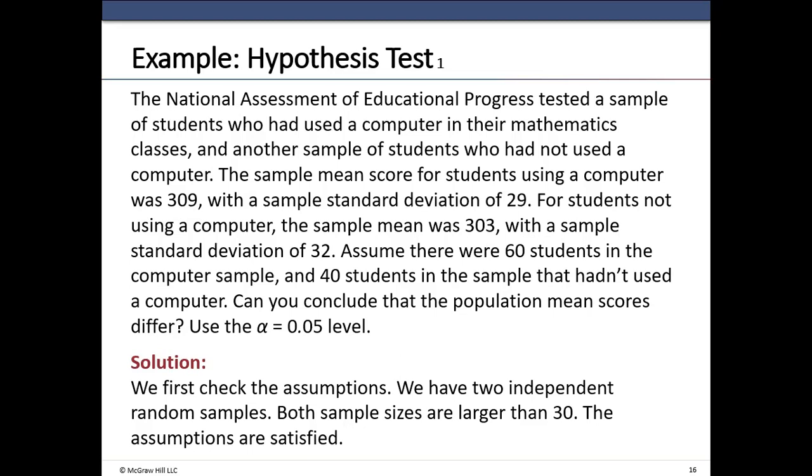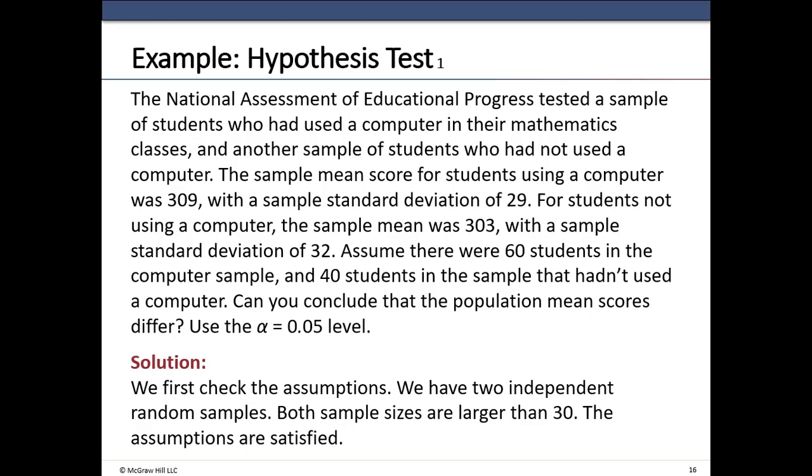For the students not using a computer, the sample mean was 303 with a sample standard deviation of 32. Assume that there were 60 students in the computer sample and 40 students who hadn't used a computer. Can you conclude that the population mean scores differ? Use alpha equal to 0.05.